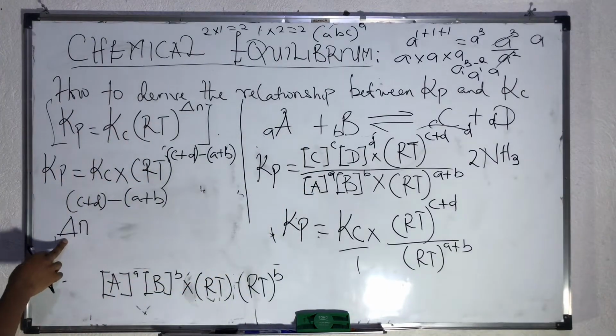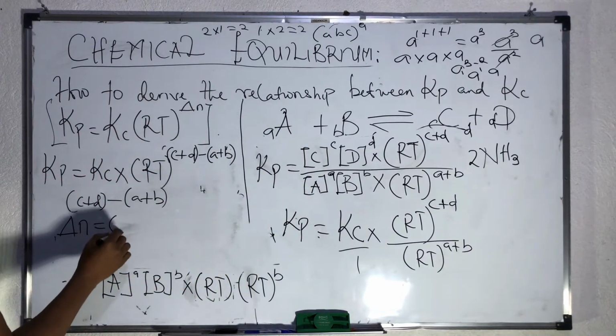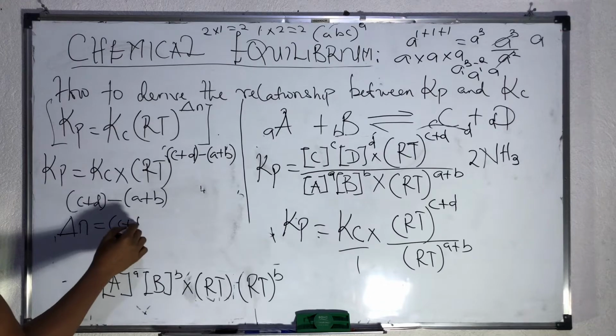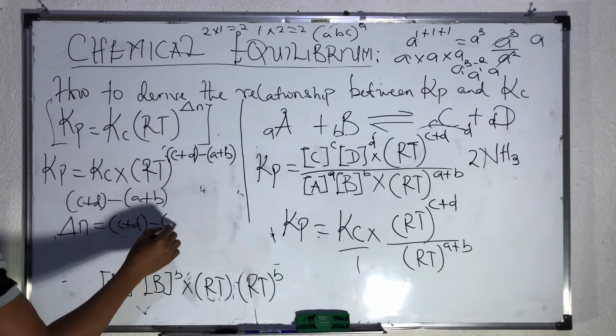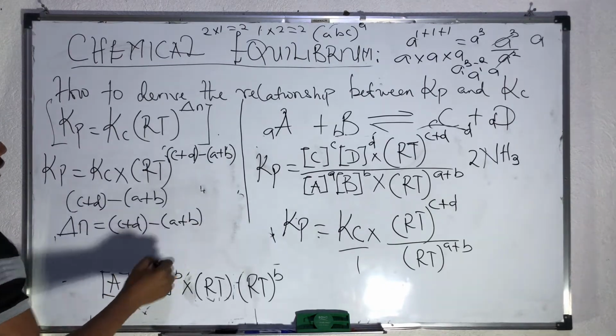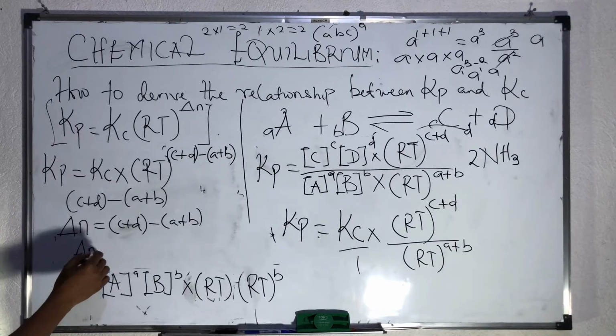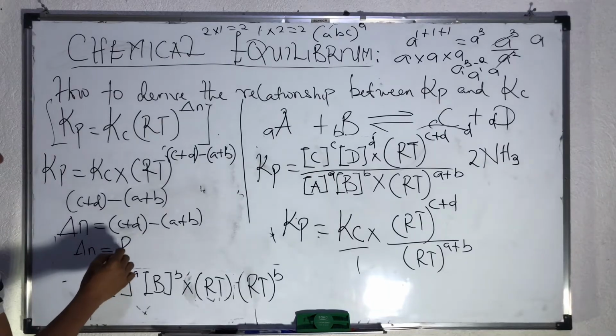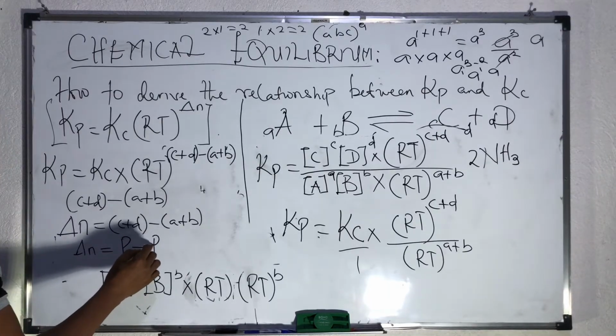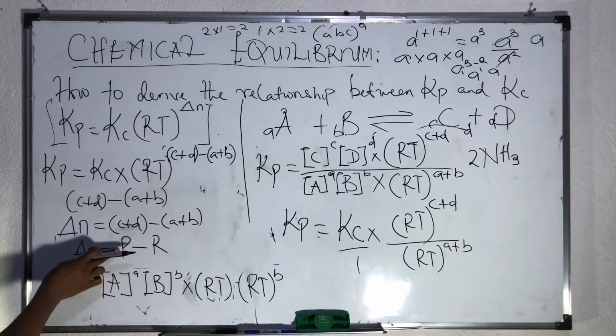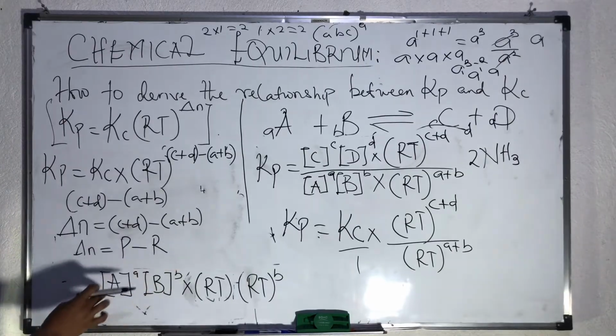Change in moles is equal to C plus D minus A plus B, or we can also write this as product minus reactant. So the product is the final while the reactant is the initial.